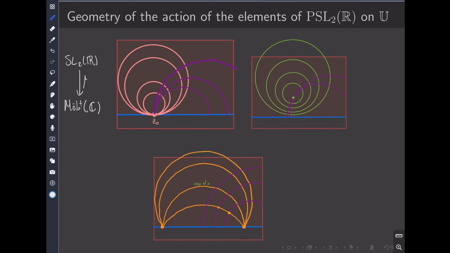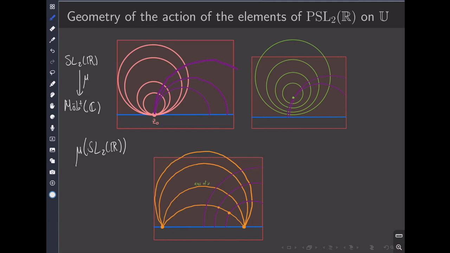So this is like this mu. If you take the image of mu of SL2R, it's precisely the Mobius transformations that preserve U. That's what we already saw in the last lecture.